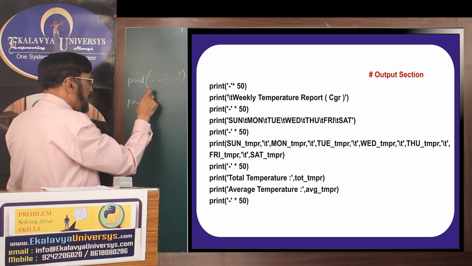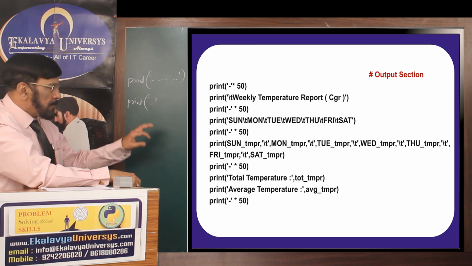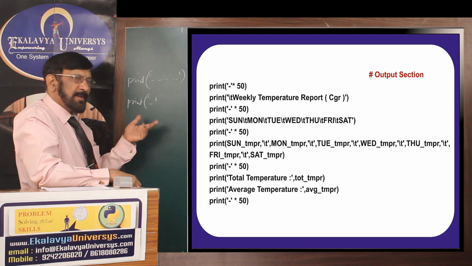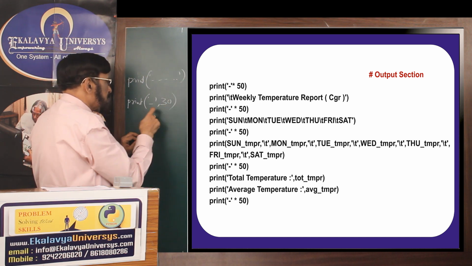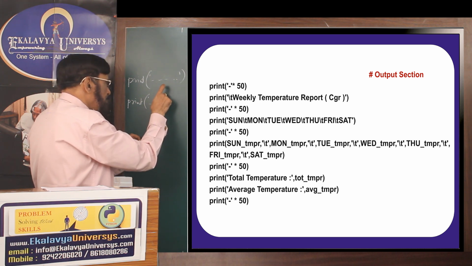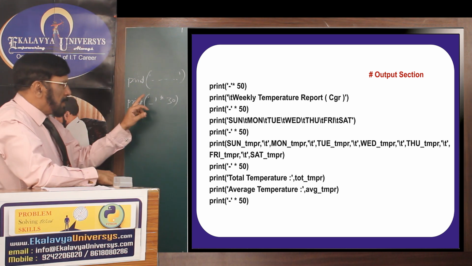How many dashes do you want? You create a string. Whichever symbol you are using for the horizontal line, suppose a dash, or any other symbol you can use. How many dashes do you require? Let us say 30. Here, into, this is the multiplication symbol, 30, you write. What does it mean?